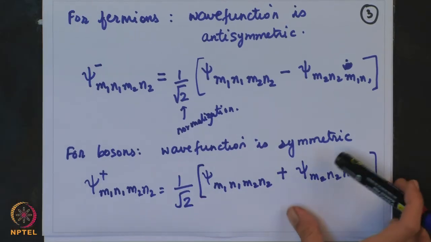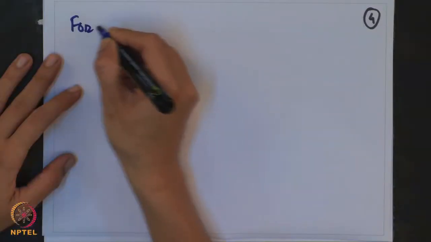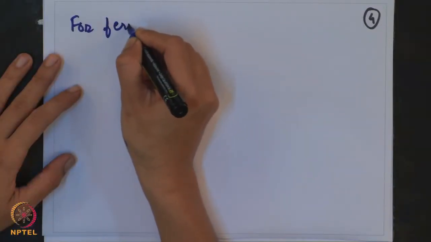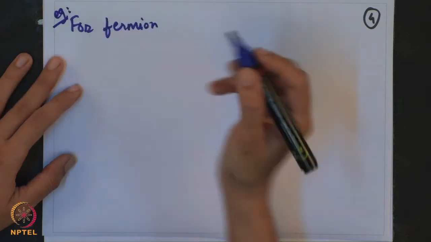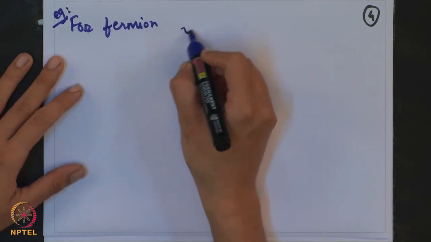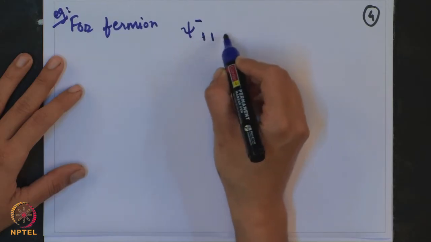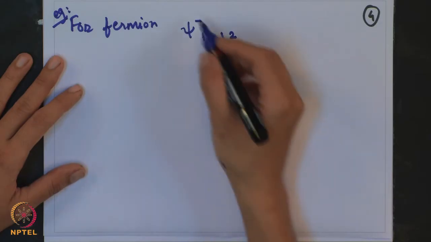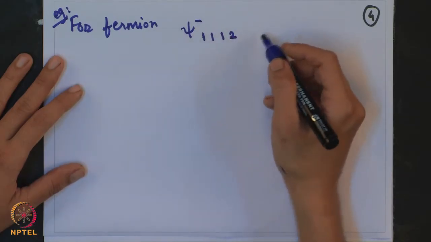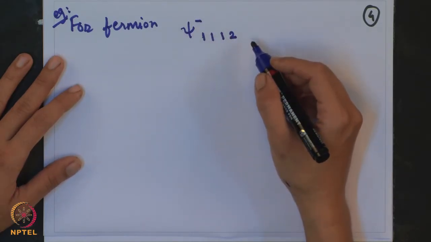As an example, just for fermions, this is an example you can try. For fermions, if a wave function psi minus 1 1 1 2 is given to you, then what will be the possible energy?